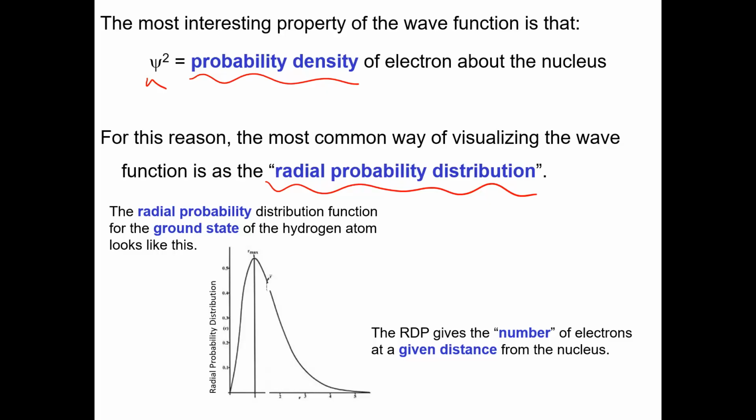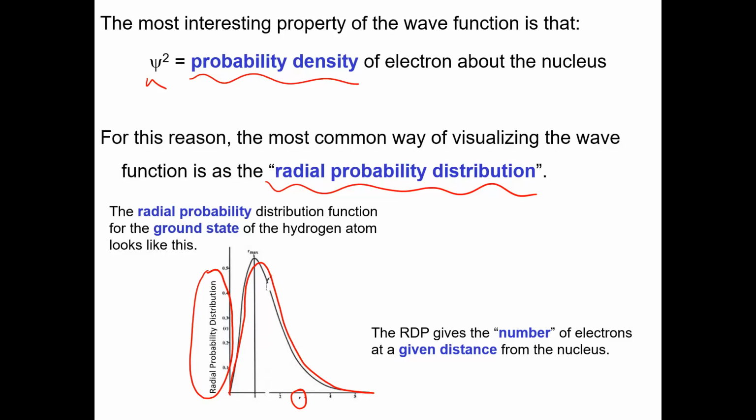So what we will have is the radius, the distance from the nucleus, plotted against the probability of finding the electron, and it'll tend to be like a hump shaped curve, and that's telling you the most probable distance that the electron will be from the nucleus.